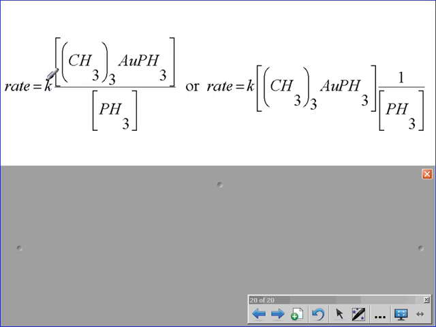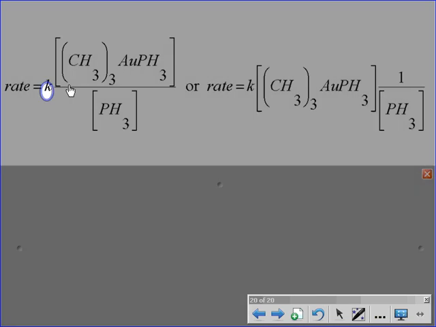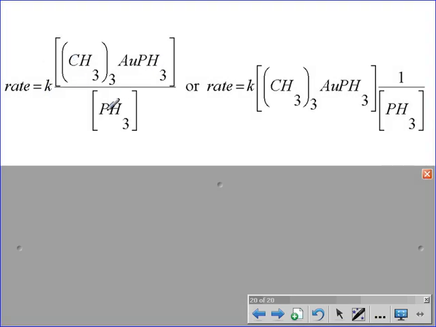So I could write it this way. All my K's are now combined into one K. And here are my two concentrations. This could also be written this way, with 1 over the concentration of PH3. They are identical.